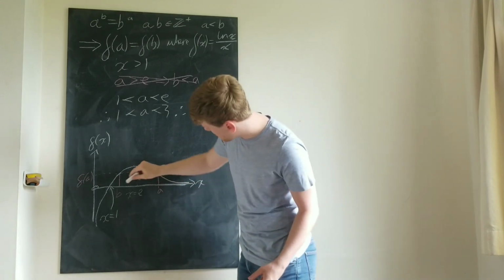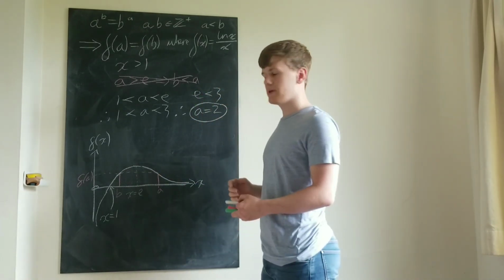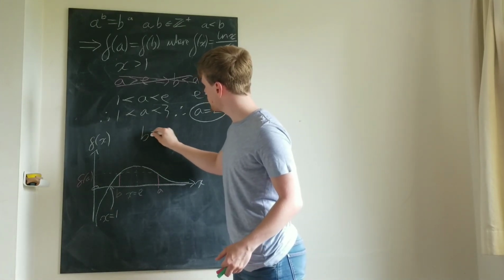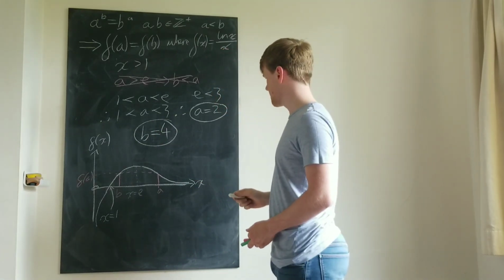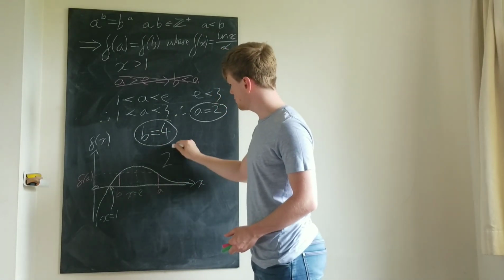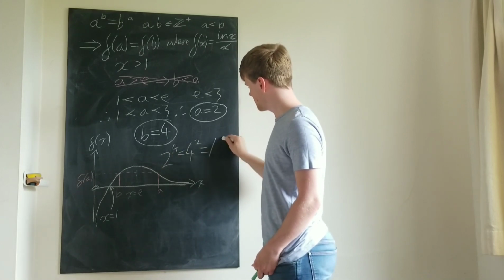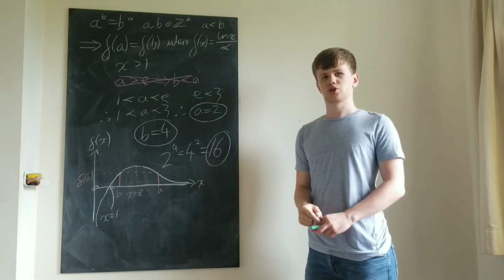And if we have a equals 2 here, then there is only one other value of b which satisfies the equation. And so b equals 4, which we know works, must be the value of b. And so 2 to the 4 equals 4 to the 2 equals 16. 16 is the only number which has this property.